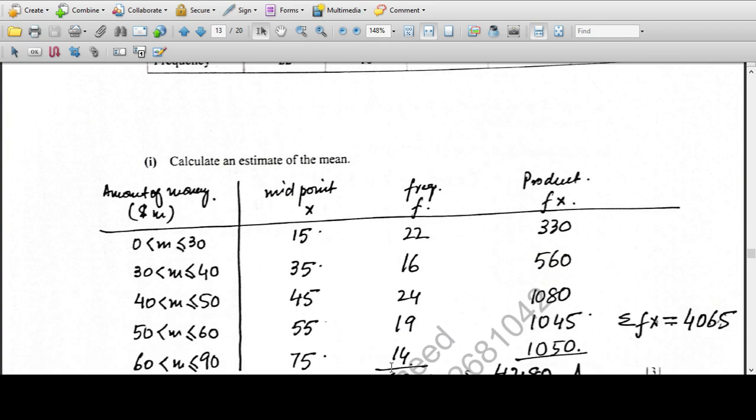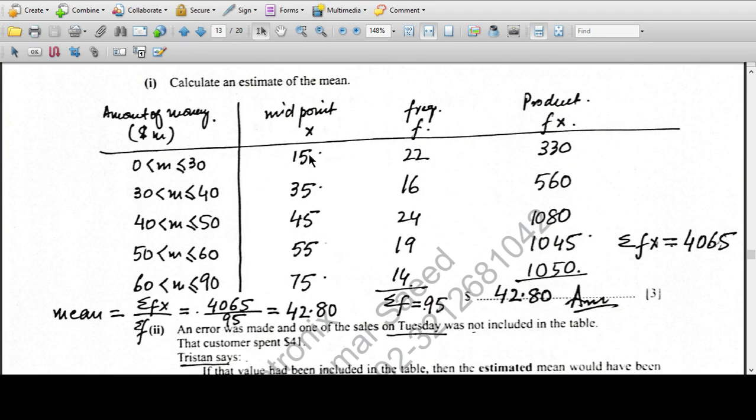We multiply each midpoint with its frequency to get the product fx, for each different class band.